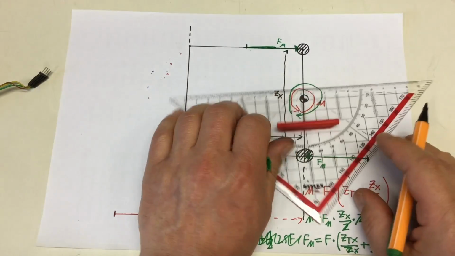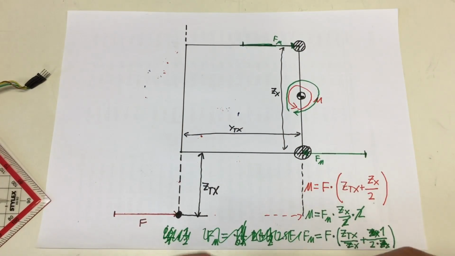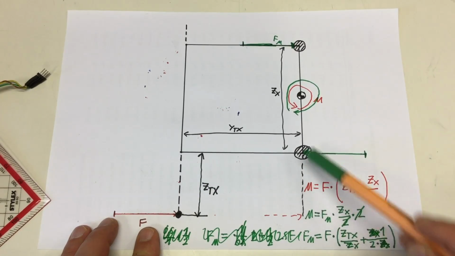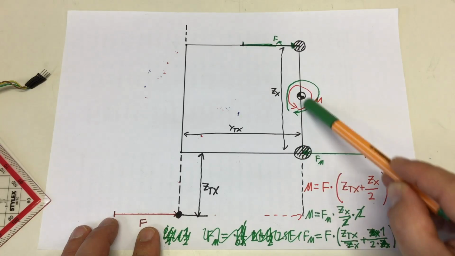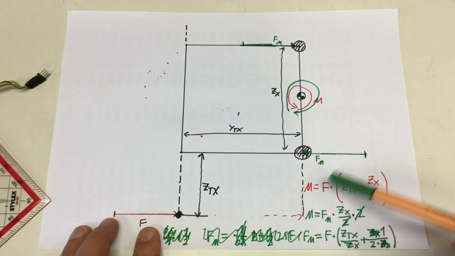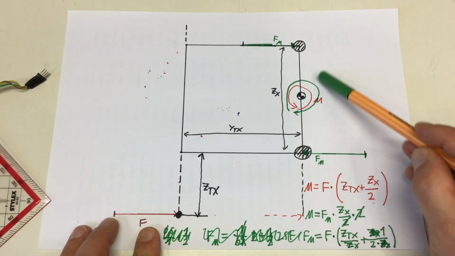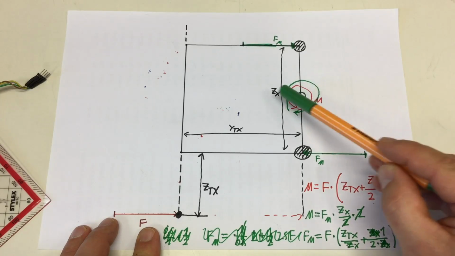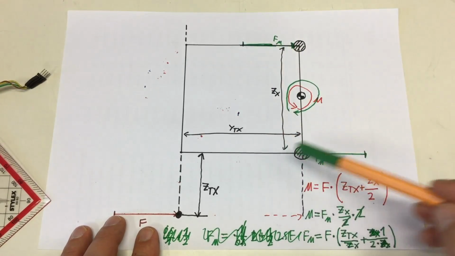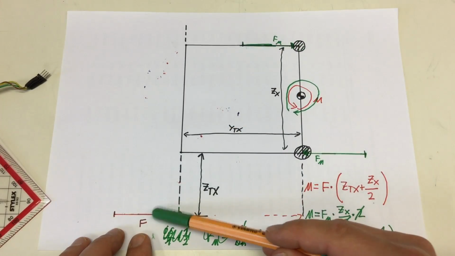Don't worry, I have a nicer picture for the summary. And it's easy to see. I mean, we're basically turning in one direction with a lever which is of the length 1, so ZTX plus half ZX, and we're turning into the other side with 2 levers which have exactly half the size, ZX half. So these forces have to be, at least for these dimensions, exactly the same as that force.